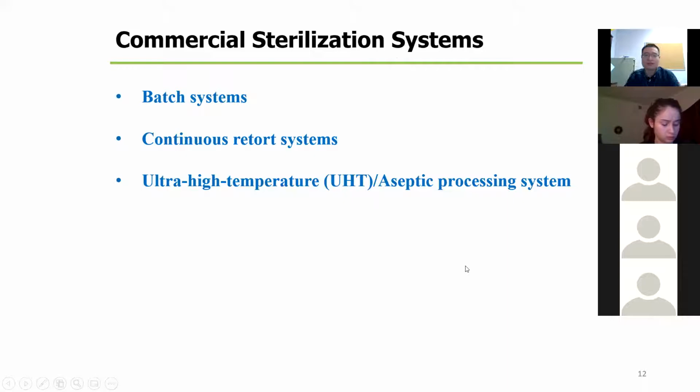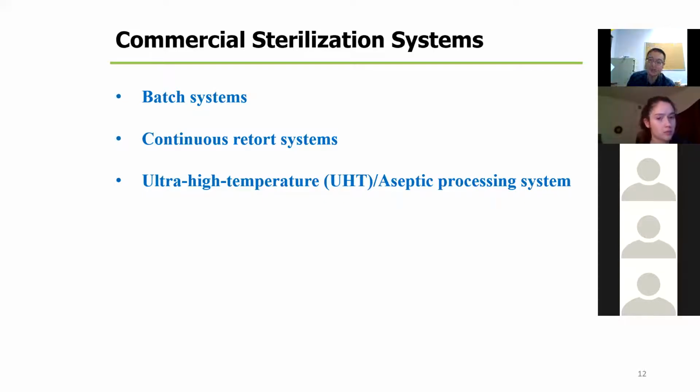All right. So the commercial sterilization system, there are three types. The batch system, the most basic one, and we have a continuous retort system and an ultra high temperature UHT, which we learned in the pasteurization, and they usually combine with the aseptic processing system.